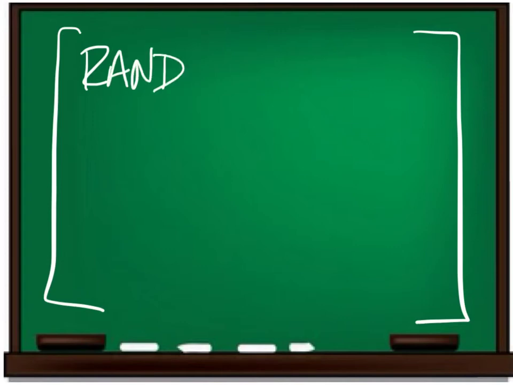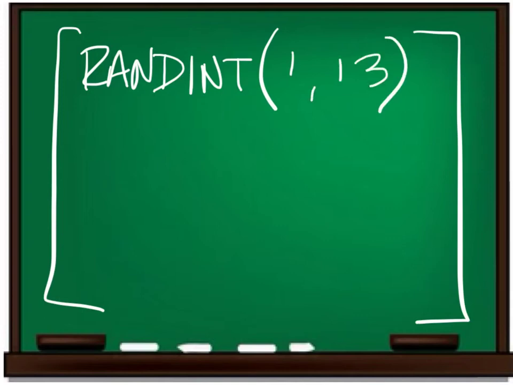Yes, it's RAND and then INT. Rand int and 1 to 13. There are 13 cards in a suit, and since suits don't matter for us because we're not going to increase the difficulty of this by including suits, we're just going to put 1 to 13.